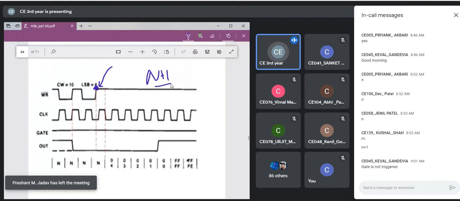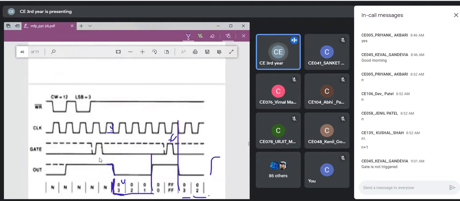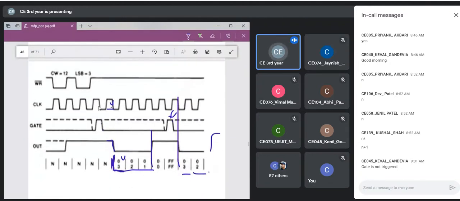Once you hand over your job to 8253, it was taking n plus 1 pulses to get your out high. Here, when you trigger your gate and complete the operation of the gate, you are handing over the job to 8253. Once you trigger it, it is the job of 8253 or 54, whichever you consider, in mode 1.